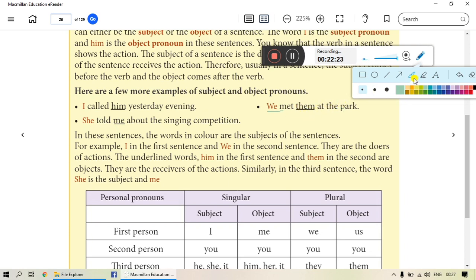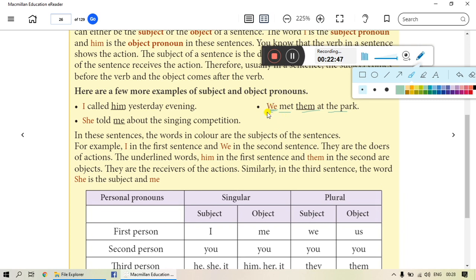Find out the verb quickly. What is the verb here? Is it we? Is it met? Is it them? Or at the park? What is the verb? Verb is an action word, where something is happening, moving, some action is happening.